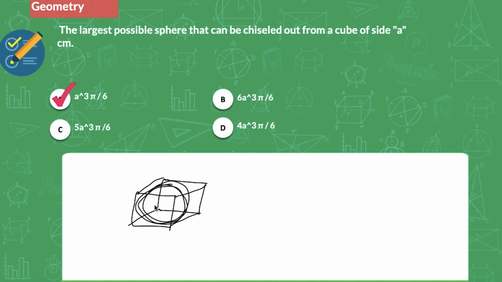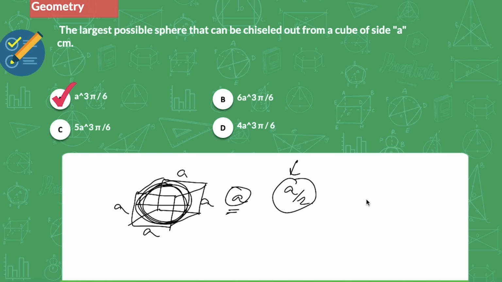If I chisel out a sphere, taking the edges of the cube, the diameter of the sphere should be a, which is also the length of the side of the cube given to us. I hope you are able to visualize it. So the diameter of the sphere which we can chisel out from a cube of side a is a, which means the radius is a by 2.